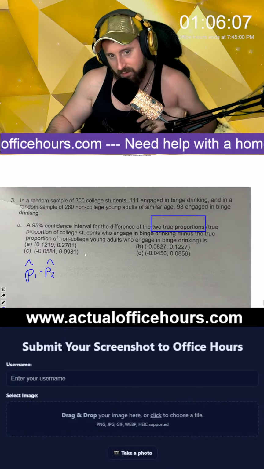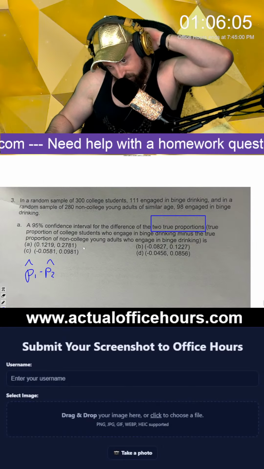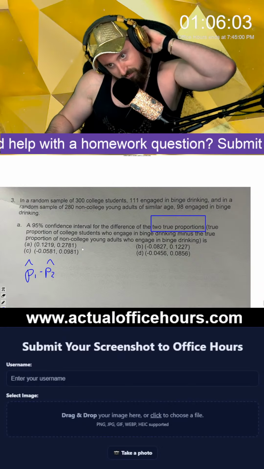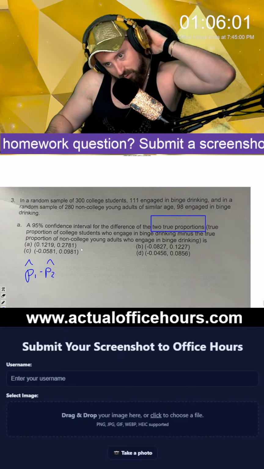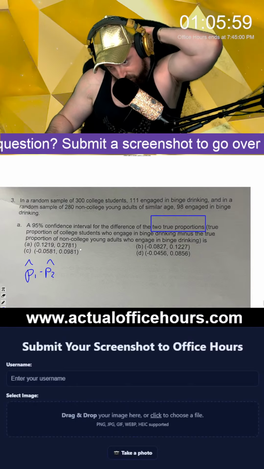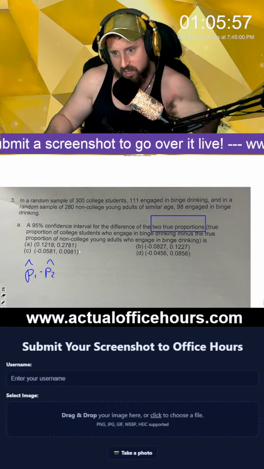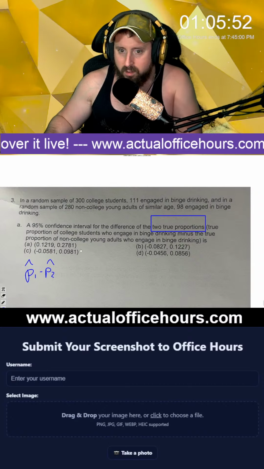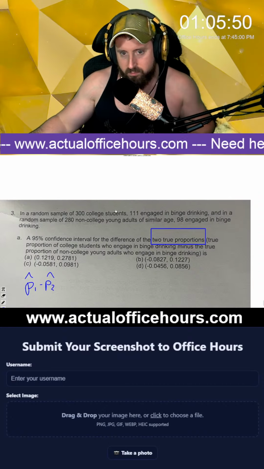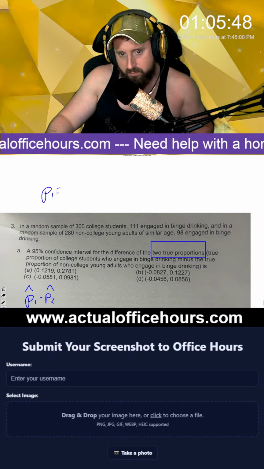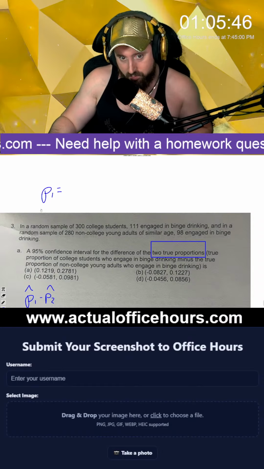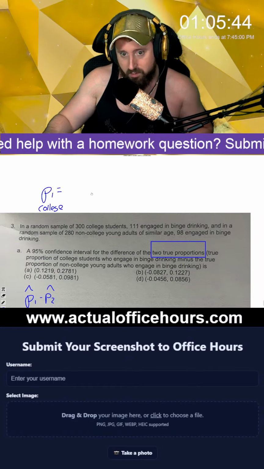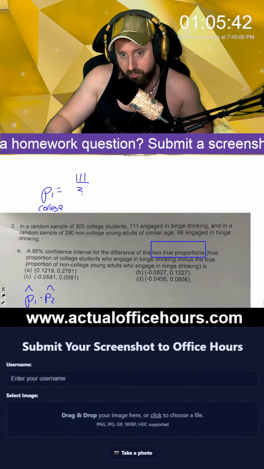The question asks about college students who engage in binge drinking versus non-college students who engage in binge drinking. So P1 is the proportion of college students that binge drink, and that's equal to 111 over 300.